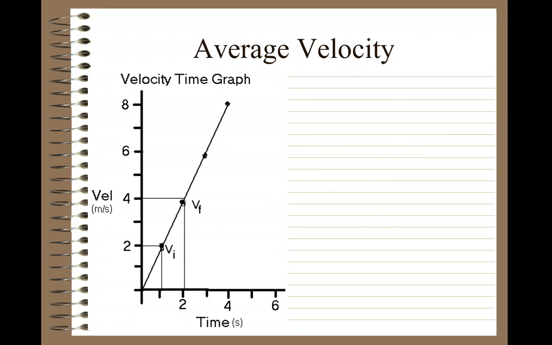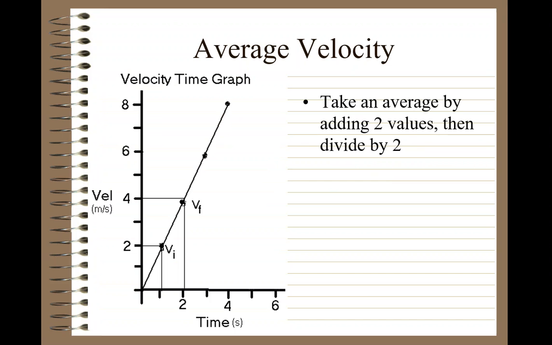Then there's the average velocity equation. So using the same graph, I can take the two velocities, add them up, divide by 2. That's how you take an average of something. And then you can use that in the distance equals rate times time equation, or the equation that we already learned, which was displacement is equal to velocity times time, except instead of just saying velocity, I'm going to be using the average velocity.